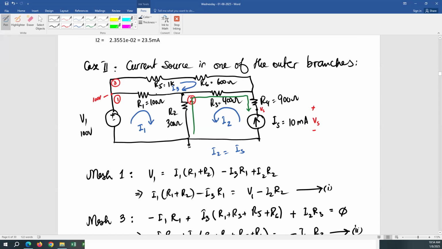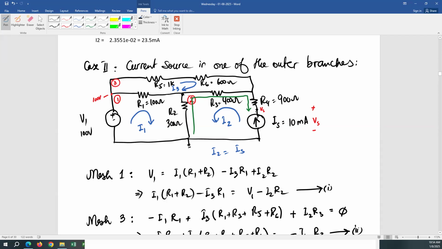Then that means the voltage here is going to be higher, and here it's going to be lower. So when you pass through R1, your voltage at this node is I3 minus I1 times R1. So you're going to have 100 plus I3 minus I1 times R1, because I3 is higher than I1. And then you move through this R3, get to this node. Both currents are in the same direction. So I3 plus I2 times R3, you're going to gain that voltage here.